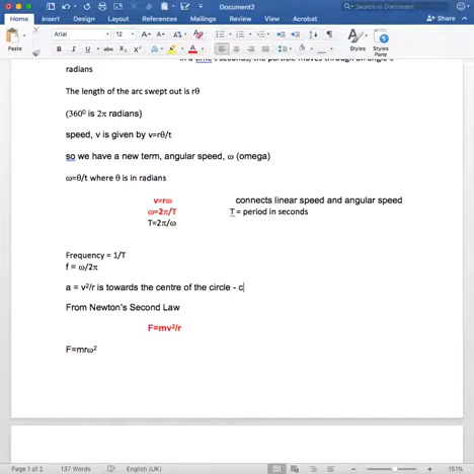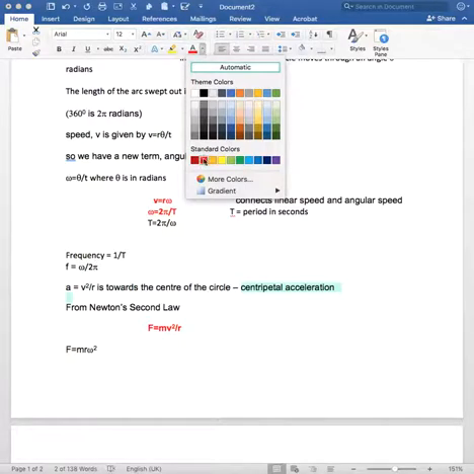It is centripetal. So centripetal acceleration. That's an important term. That means towards the center of the circle.